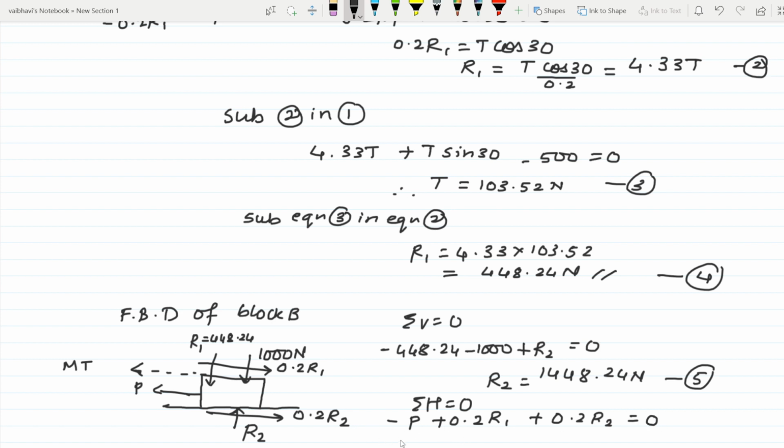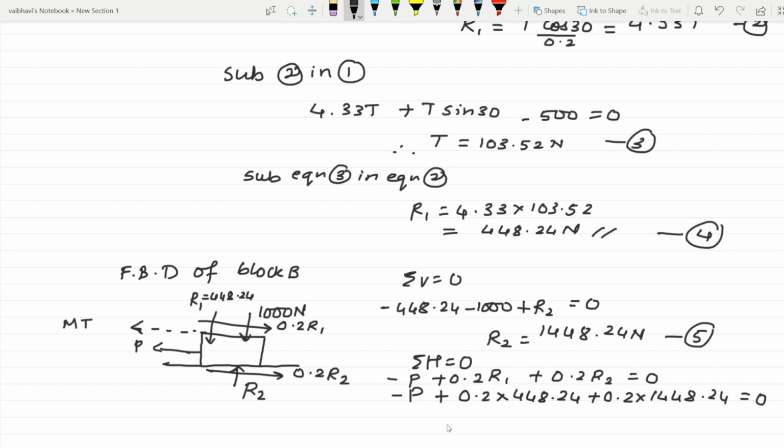Then minus P plus 0.2 into 448.24 plus 0.2 into 1448.24 equal to 0. Therefore, P, the unknown they have asked, equals 379.30 Newton.